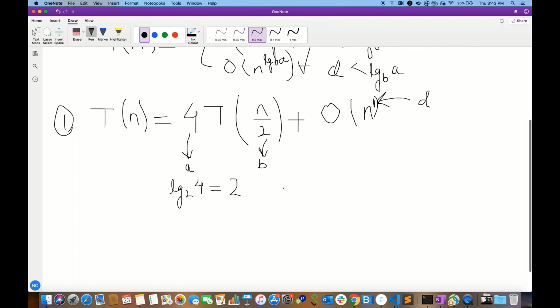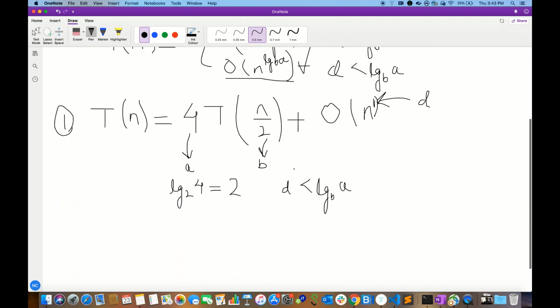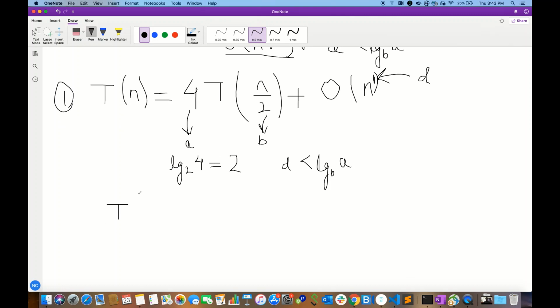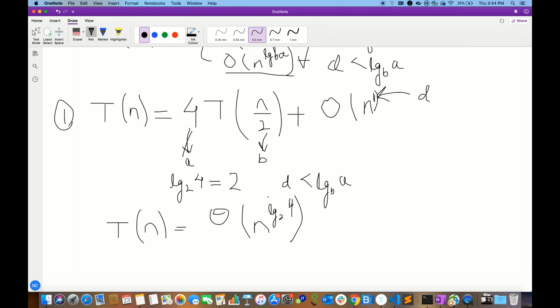So in this situation, D is less than log A with base B. So the formula we will use here is big O of n to the power log A with base B. As we saw that the value of A is 4 and the value of B is 2, so log of 4 with base 2, so it becomes big O of n square.